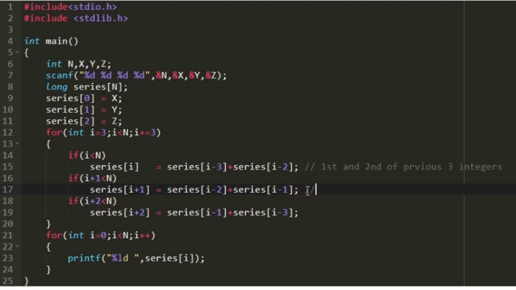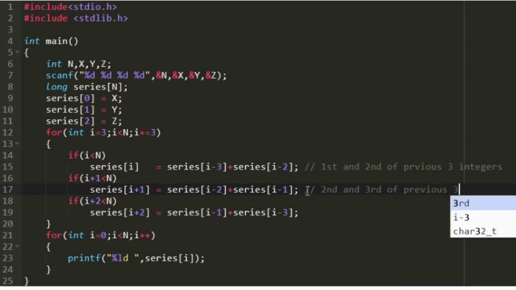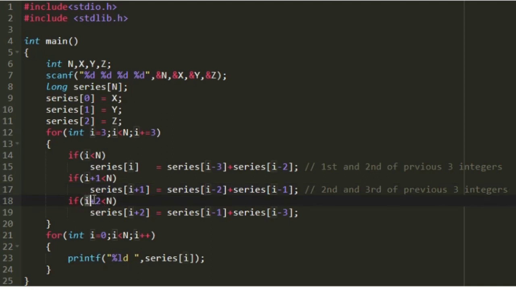So series of i minus 2 would be the second of the previous three integers, and the third integer of the previous three would be i minus 1. So we are adding these two integers. So series of i minus 2 plus series of i minus 1, that would be the sum of second and third of the previous three integers. So we are setting the sum of those values as the second integer of the next three integers.